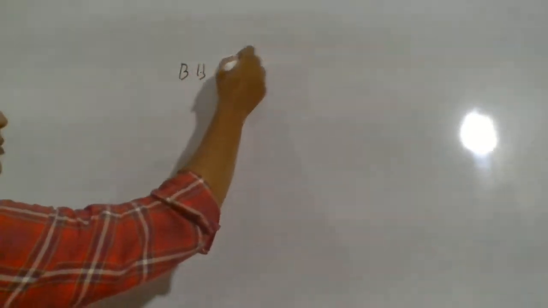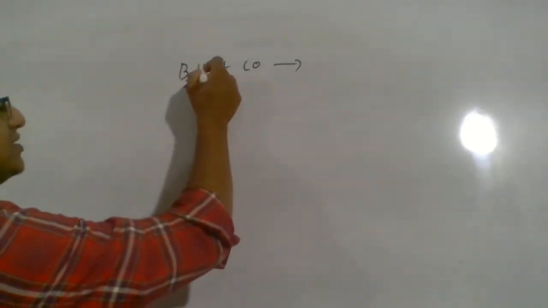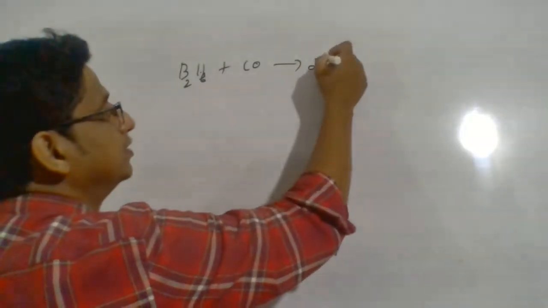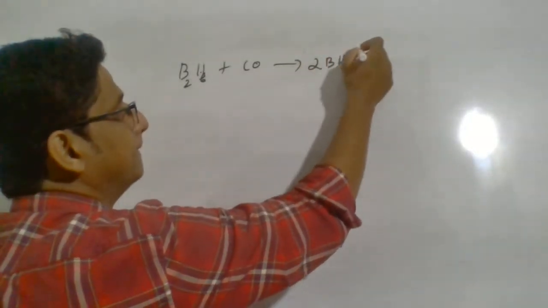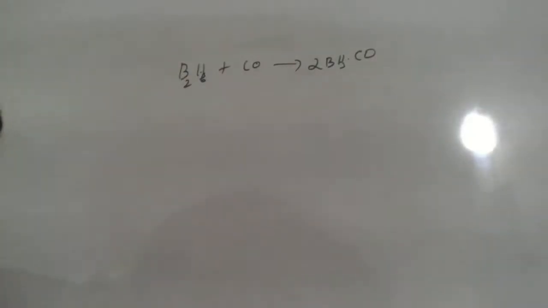Next, with carbon monoxide. Diborane reacts with carbon monoxide to form a borane carbonyl adduct. So B2H6 reacts with carbon monoxide to give a boron carbonyl adduct, where carbon has a lone pair of electrons and oxygen also has a lone pair.